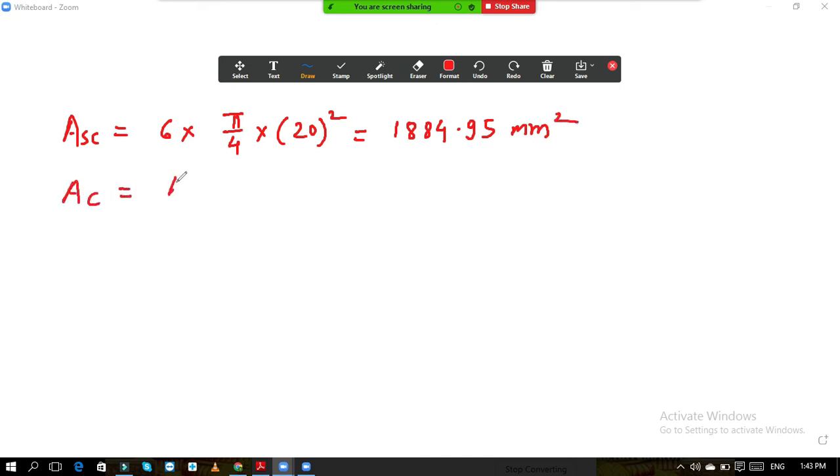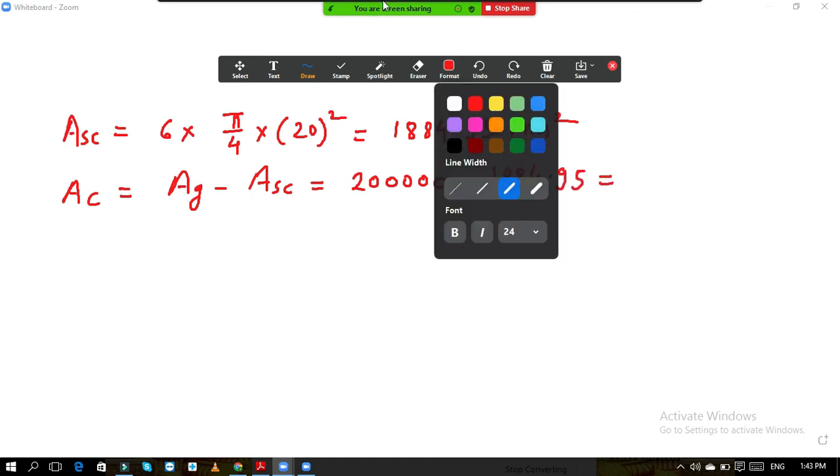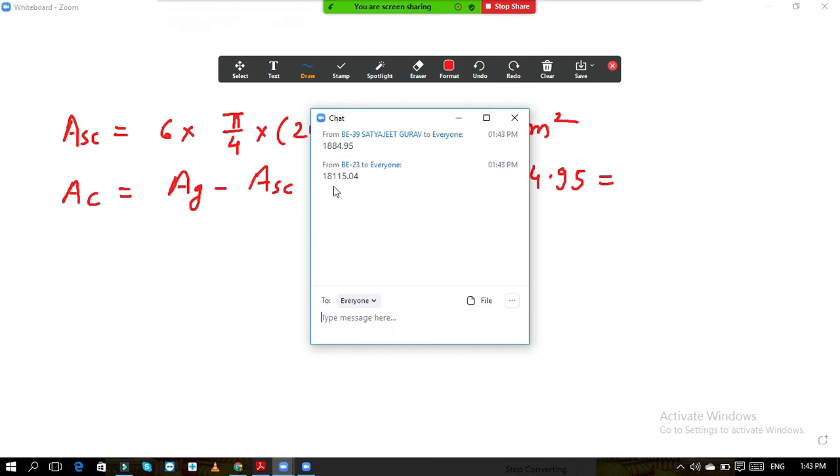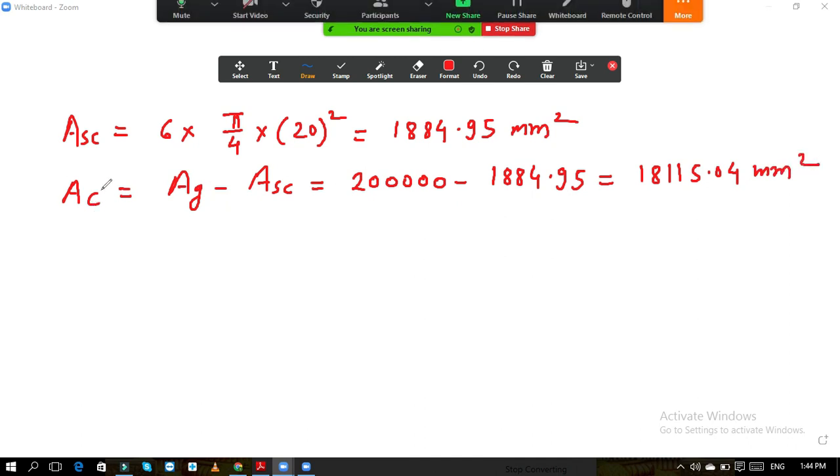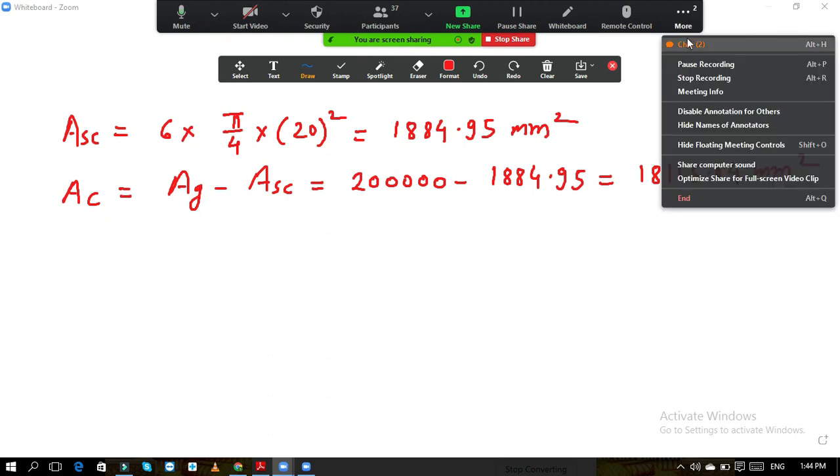Now from this, calculate the area of concrete. Area of concrete is gross area minus area of steel. So your gross area is 200,000 minus 1884.95, which is equal to the area of concrete. Area of steel is known to us, area of concrete is known to us, total area is also known to us.